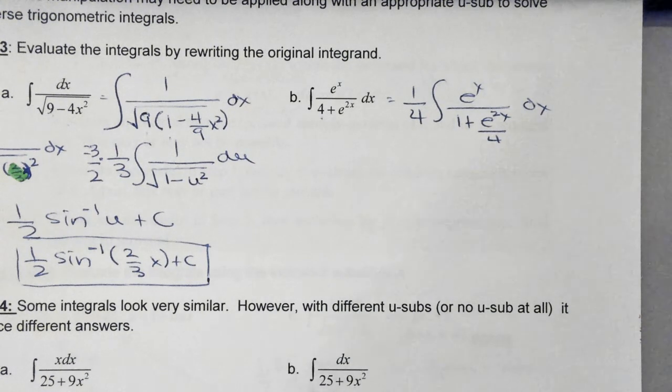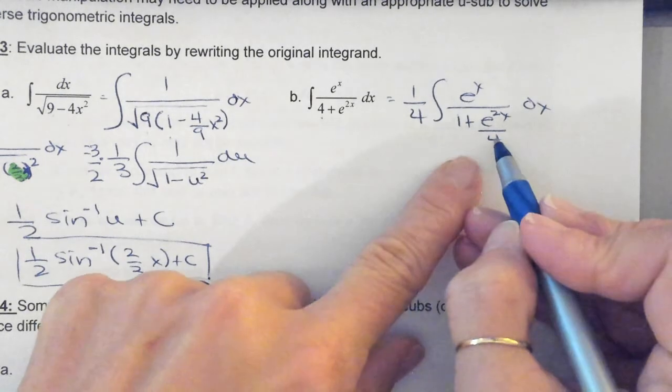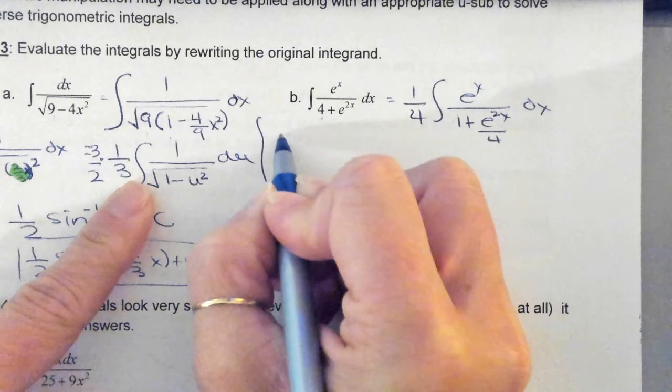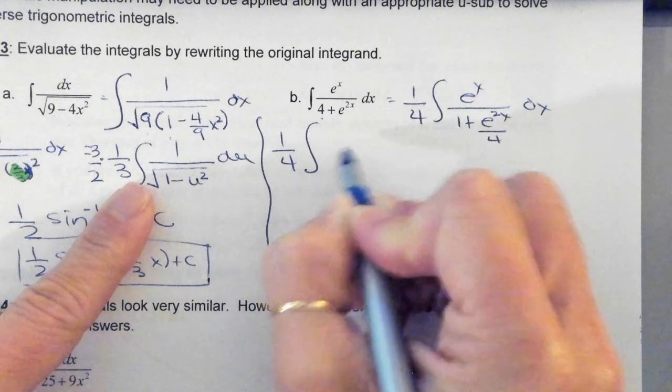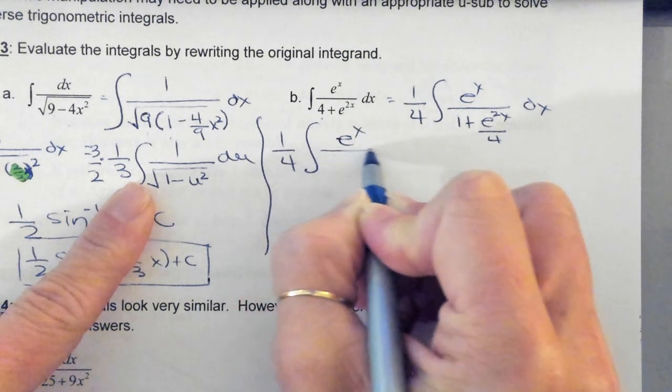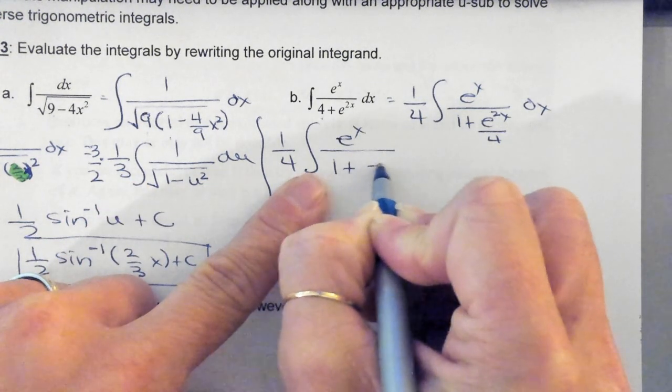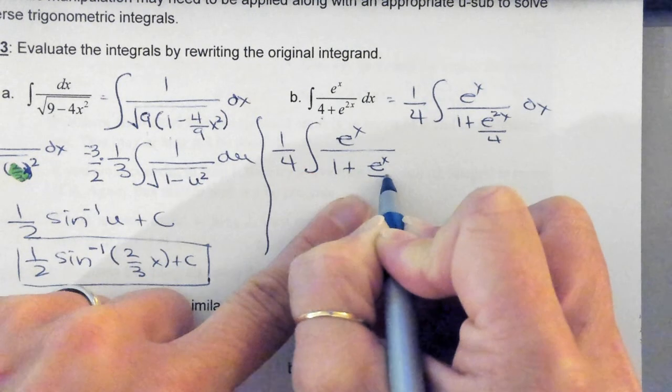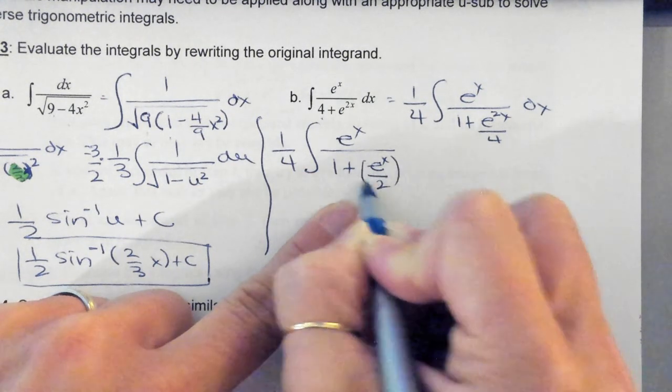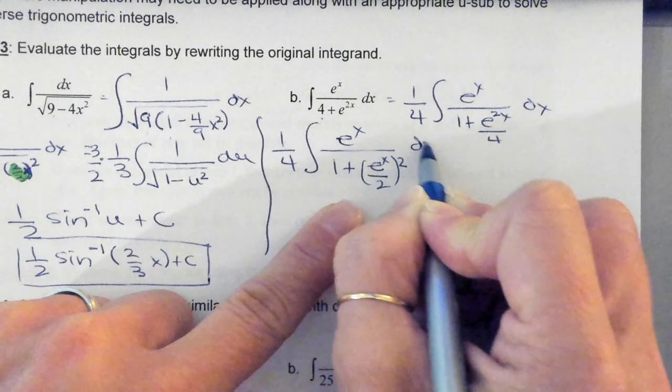You add. Just like when I say a perfect square, x times x is x squared. You're adding, right? 1 plus 1. So e to the x times e to the x, how many x's do you have in the exponent? 2. So I can rewrite this. So you have 1/4 times the integral of e to the x over 1 plus e to the x over 2, quantity squared, dx.